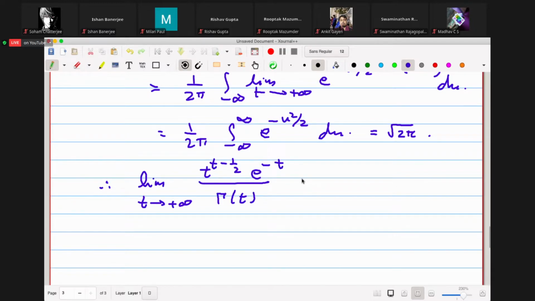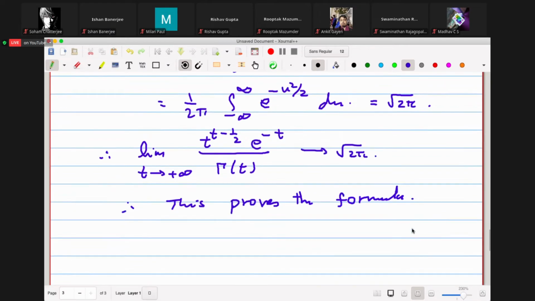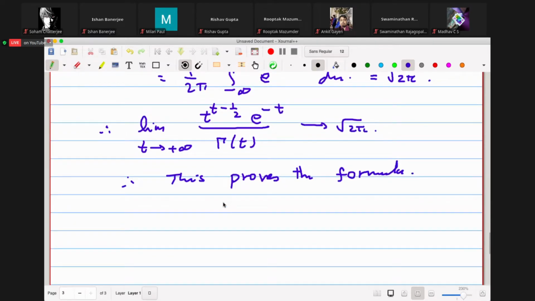Okay, this goes to square root of 2 pi. So therefore, you can just bring this into the denominator and flip it, and this proves the formula, except that the numerator has become the denominator and the denominator has become the numerator. Is that clear? So that's all, there is nothing more.